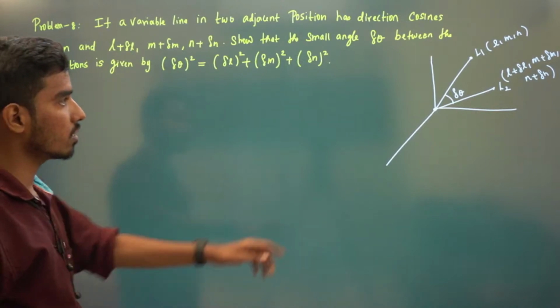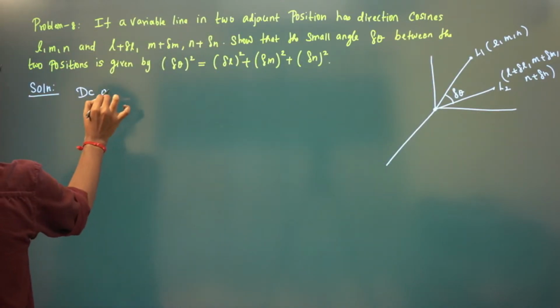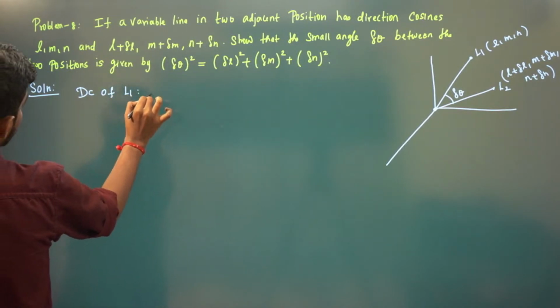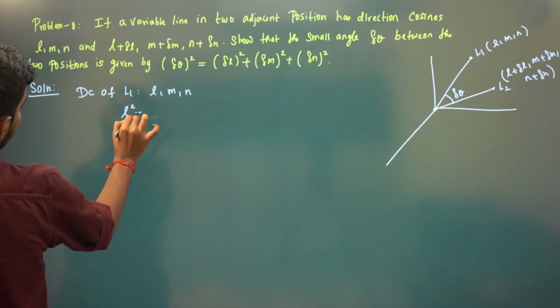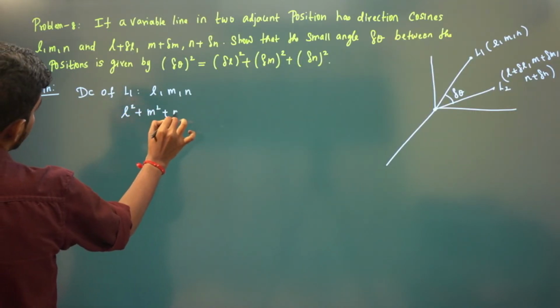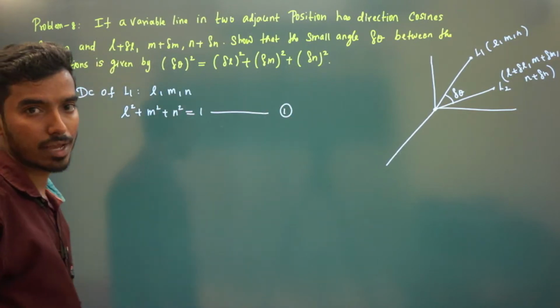See, the direction cosines of the first line are L comma M comma N. So we know L square plus M square plus N square is always equal to 1. This is a very simple fact.